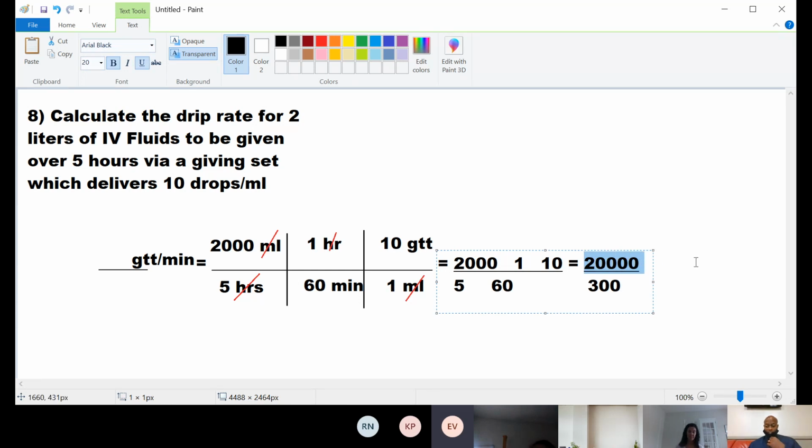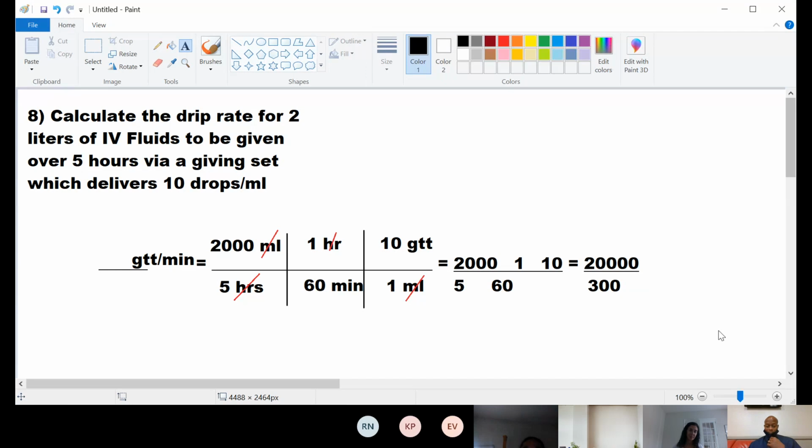Now even setting it up this way, we can still do the same method, but this time we're going to focus on the zeros. So we can take away 2 zeros from the bottom and 2 from the top.